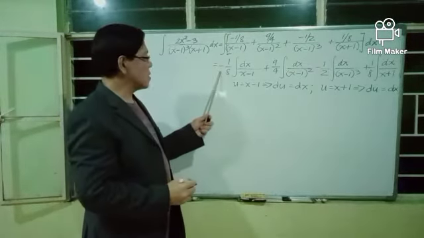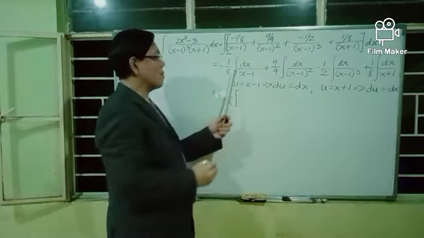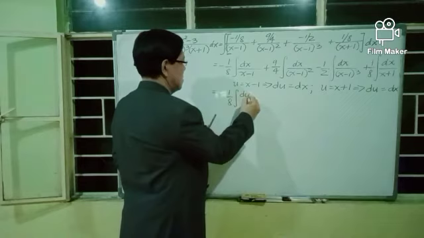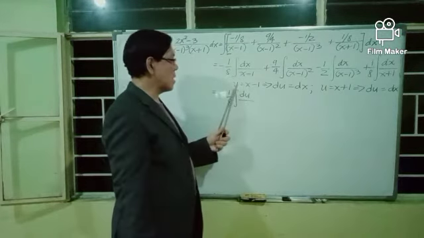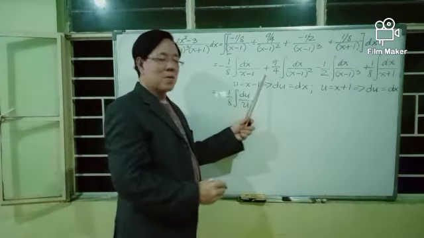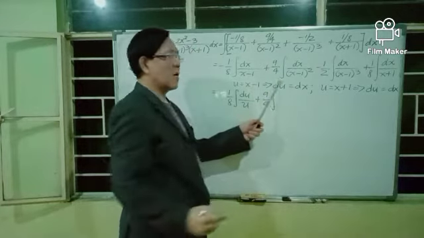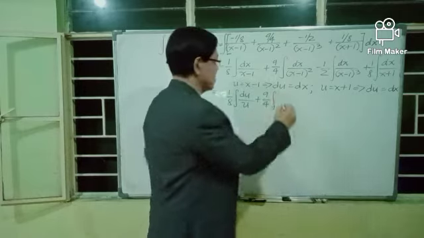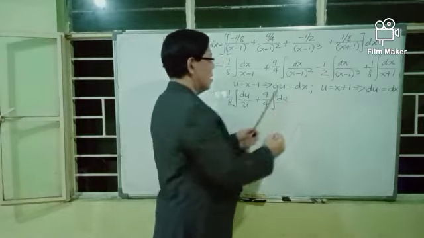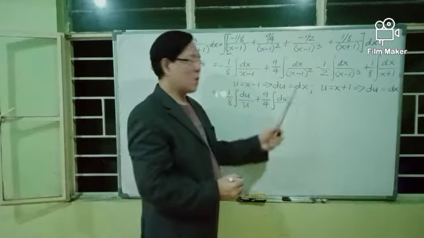The right hand side now is negative 1 over 8 multiplied by the integral of dx. Dx is du. X minus 1 we let to be equal to u, plus 9 over 4 multiplied by the integral of dx. Dx is du. Again, x minus 1 is u to the power 2, or u squared.